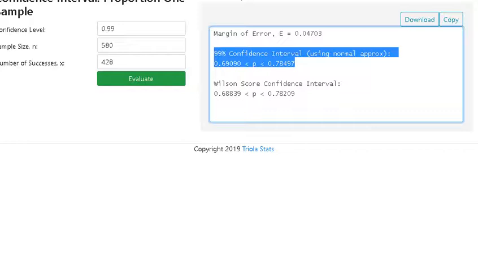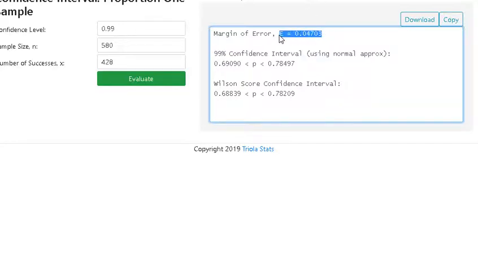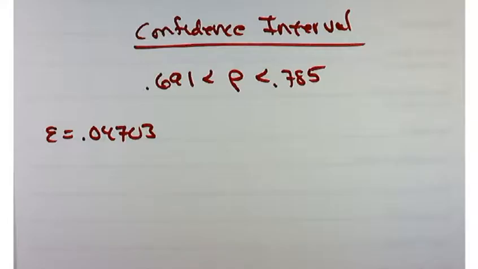Let's take note of something else here. Our margin of error is 0.04703. So I'll also take note of that. E is 0.04703. So that if I wanted to, I could also rewrite my expression like this.